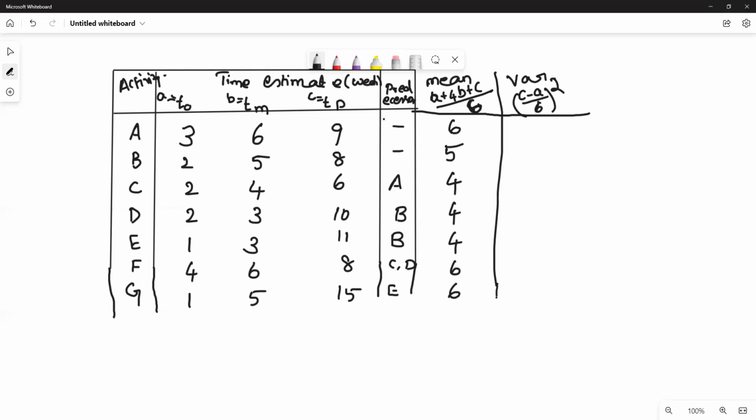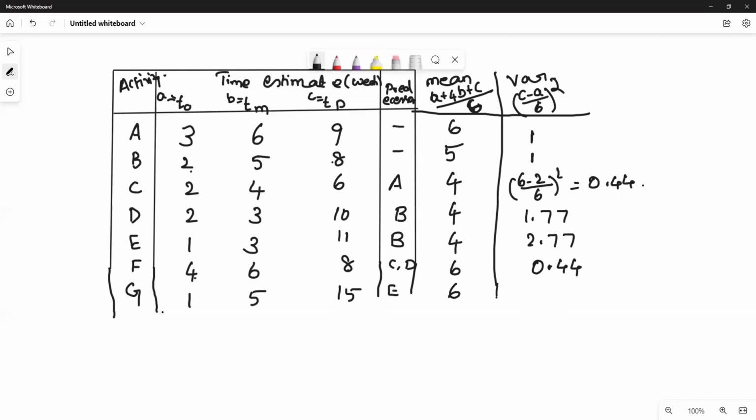So 9 minus 3 by 6 the whole square, that is 1. 8 minus 2 by 6 the whole square, that is 1. 6 minus 2 by 6 the whole square, that is 0.44. 10 minus 2 by 6, 8 by 6 the whole square, that is 1.77. 11 minus 1 by 6 the whole square, 10 by 6 the whole square, that is 2.77. 8 minus 4 by 6 the whole square, that is 0.44.